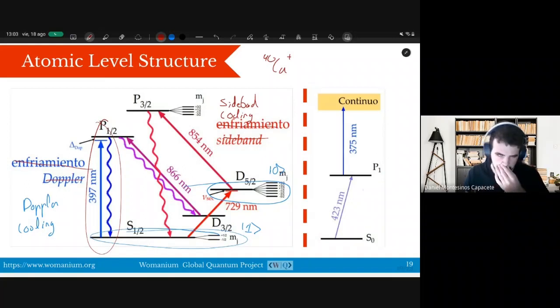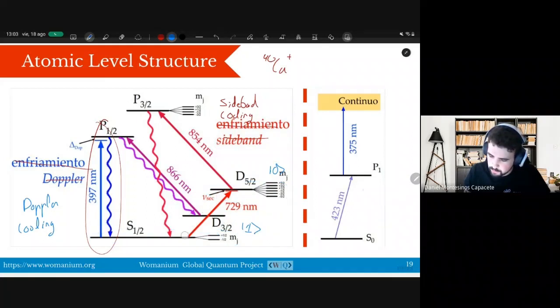Lowering the temperature just means that you are reducing the oscillation. You are making it more stable, more confined in space. That is very important in order to properly trap the ion in the potential that we have discussed before.